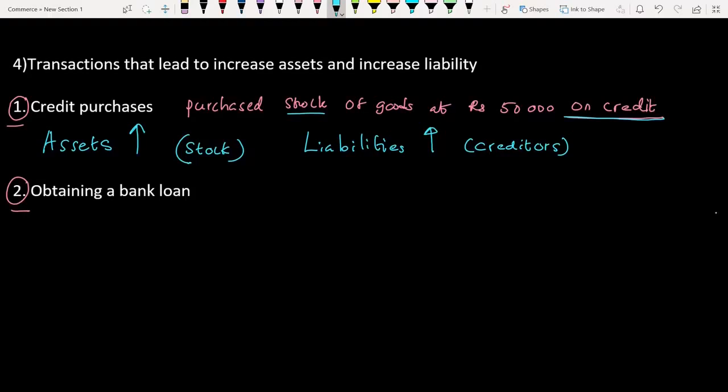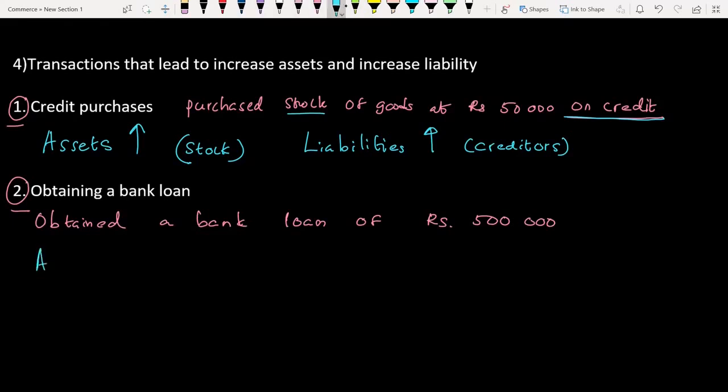The other possible transaction is obtaining a bank loan. Let's say obtained a bank loan of rupees 500,000. Now what happens?